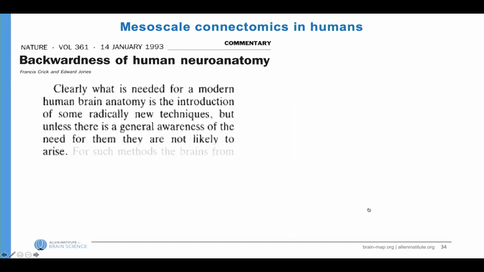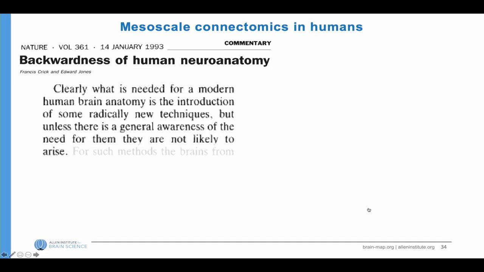Francis Crick wrote this wonderful paper in 1993, which I really do remember reading and thinking about forever, until we started thinking here about doing this kind of work in the human brain.